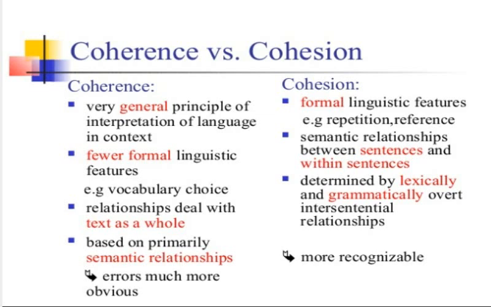Errors are much more obvious. Cohesion has formal linguistic features, for example repetition and reference. It involves semantic relationships between sentences and within sentences, determined by lexically and grammatically ordered intersentential relationships, and is more recognizable.